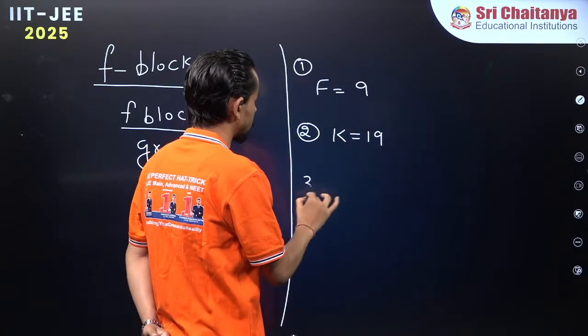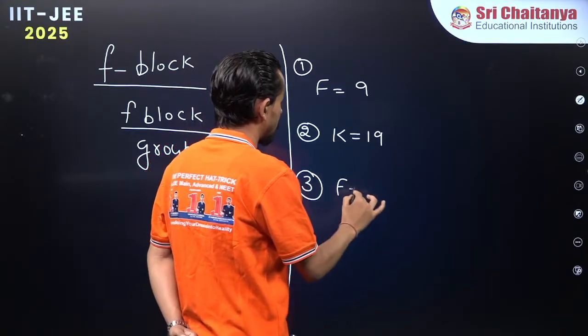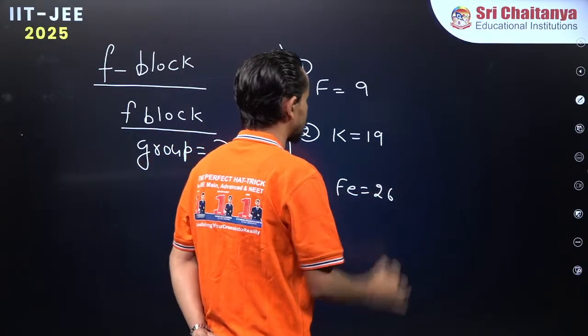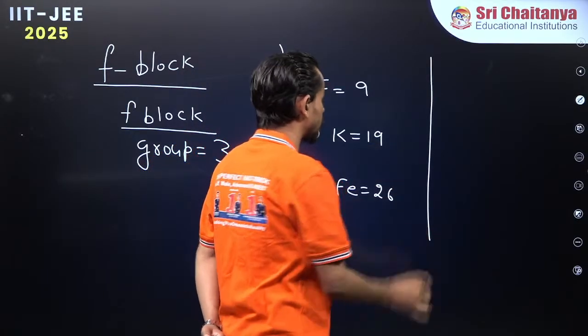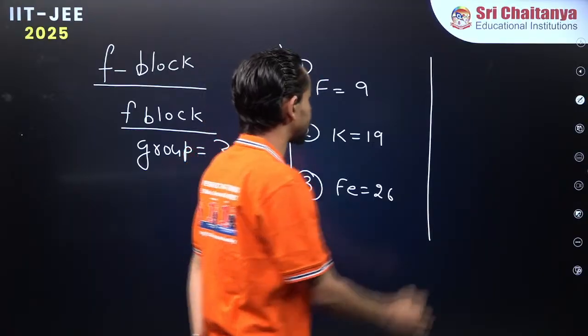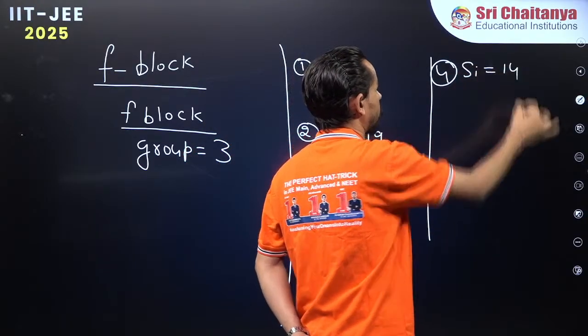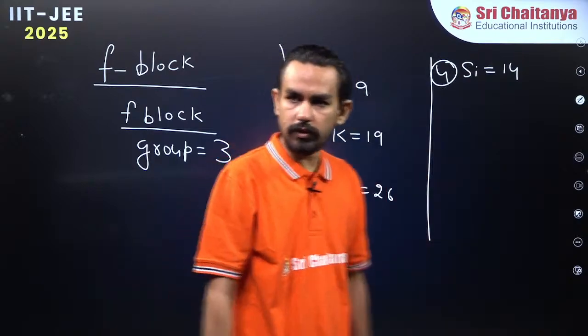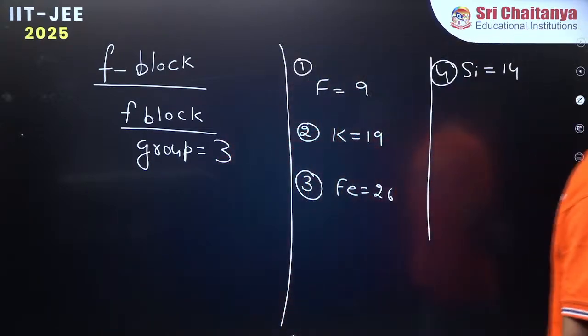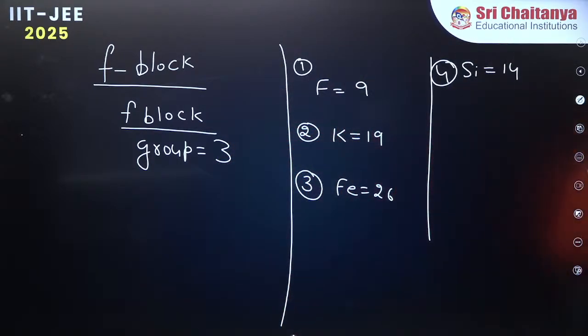Third, iron 26. Similarly, silicon 14. Try to do this, then I will give you some more. These are very, very easy.